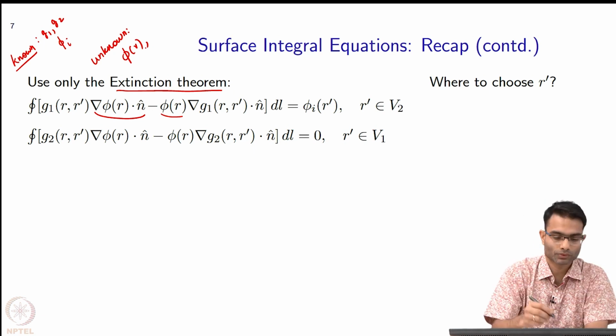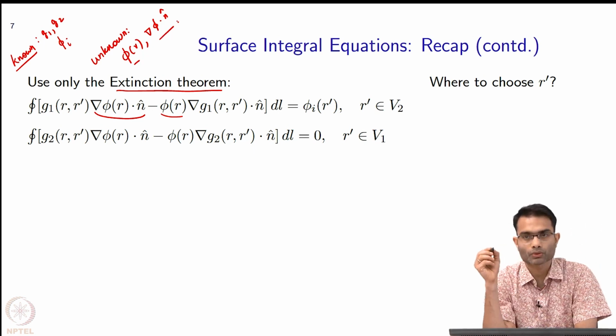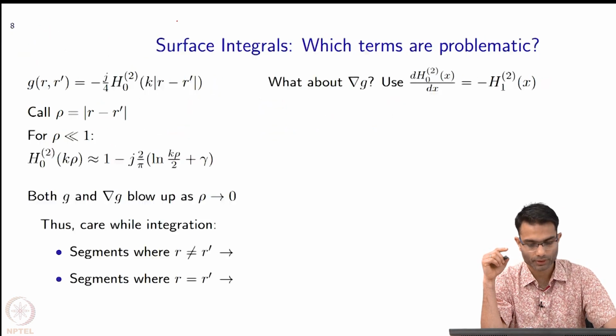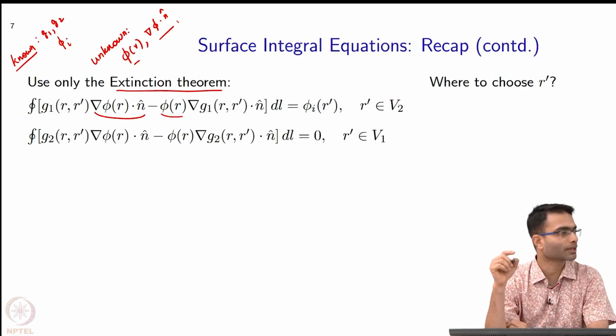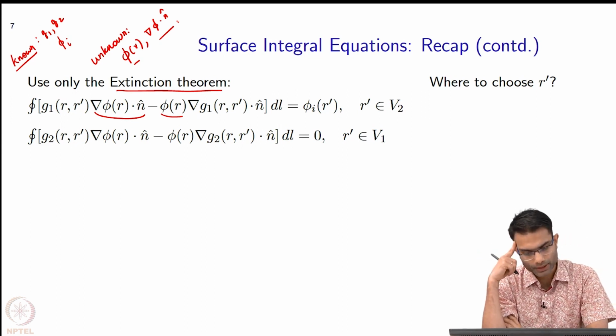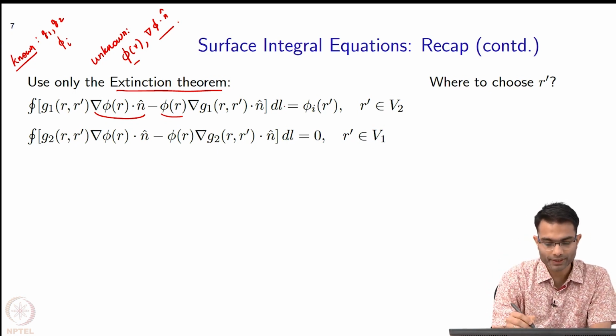So, these are my two unknowns. I have two sets of equations in two variables, and the goal is to solve these two equations. Okay. So now let's use our method of moments approach to solve these problems. Now one thing that you will notice is in these equations, what is the variable of integration?